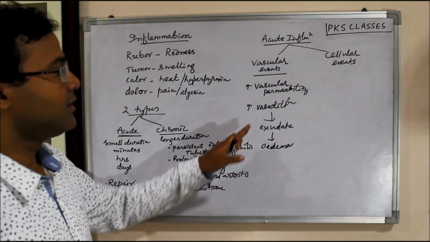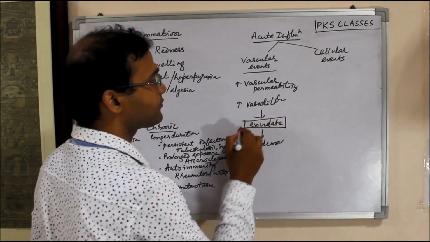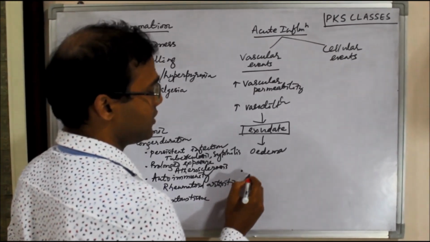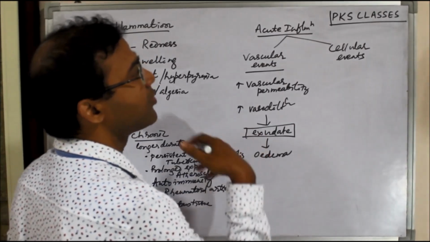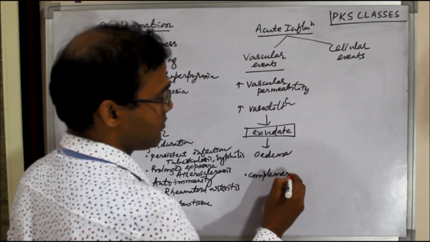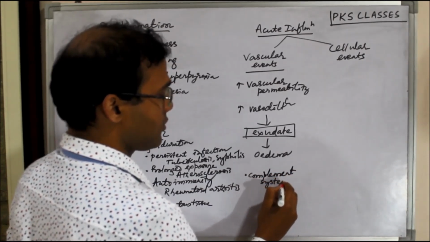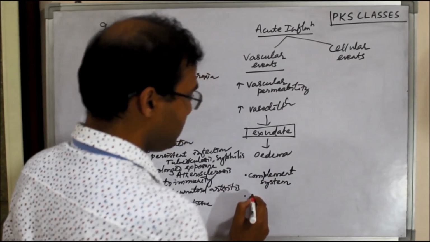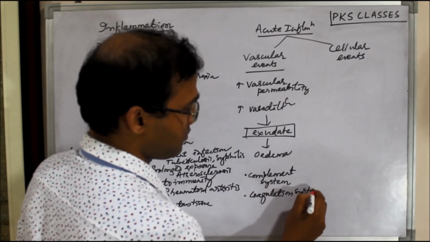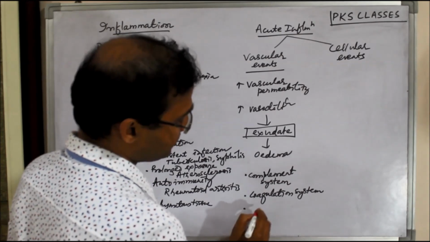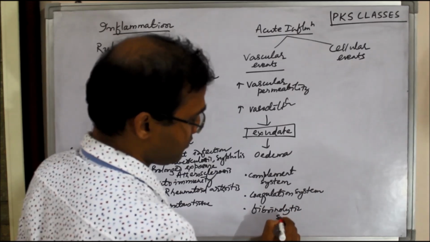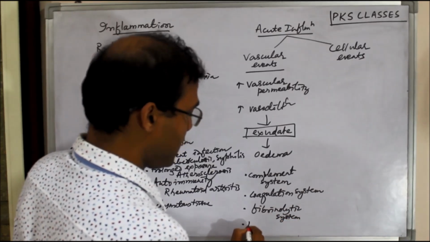Okay, and this exudate contains four systems of inflammatory mediators, so you can call them blood-derived mediators: the complement system, then the coagulation system, then the fibrinolytic system, and the kinin system.